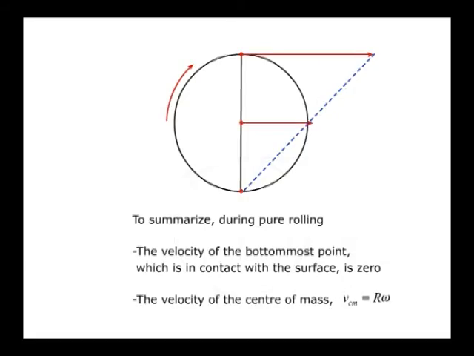To summarize, during pure rolling, first, the velocity of the bottommost point, which is in contact with the surface, is zero. And second, the velocity of the center of mass, that is Vcm, is equal to r omega.